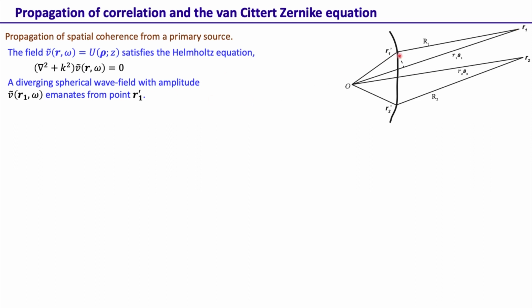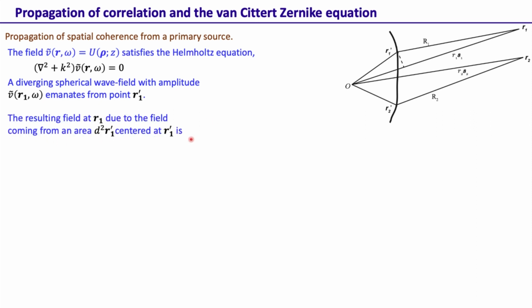So we consider r1 prime to be a point source with amplitude V r1 omega, which is the amplitude of the source. Then we will calculate the amplitude reaching this point due to this source.